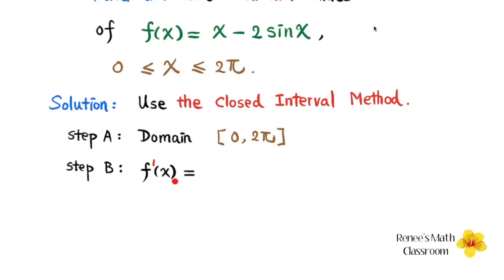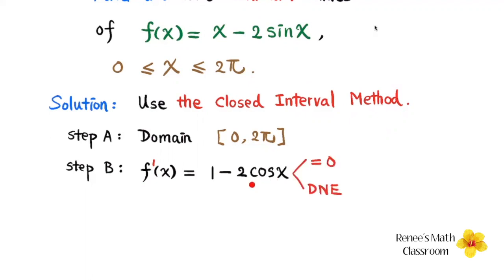The second step is to differentiate this function and find critical numbers on this closed interval. The derivative of x is 1. Derivative of sine x is cosine x. So f prime of x is equal to 1 minus 2 cosine x.